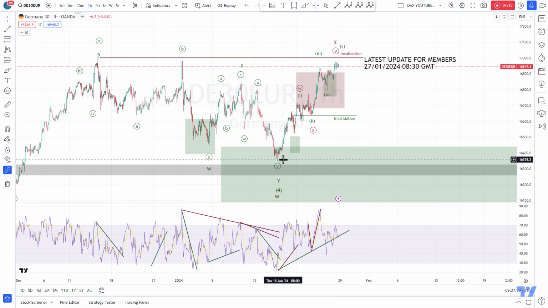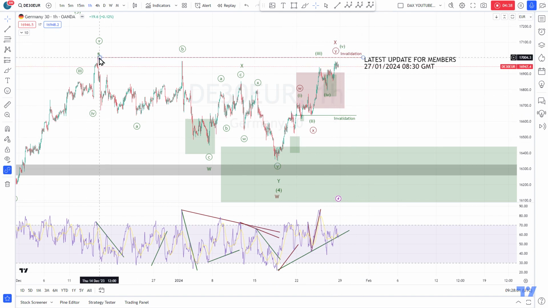And for the count in green, the impulse from the wave 4 low, we are actually missing one more high, and then we could turn down to make a wave 2. So if this is wave 1, then here a wave 2 down.